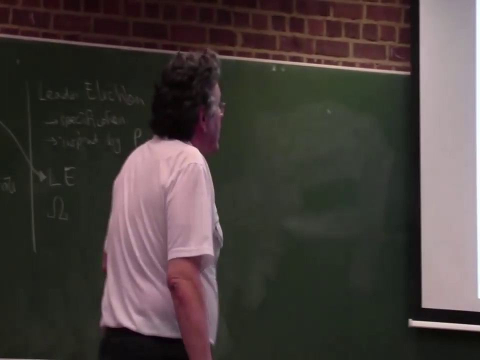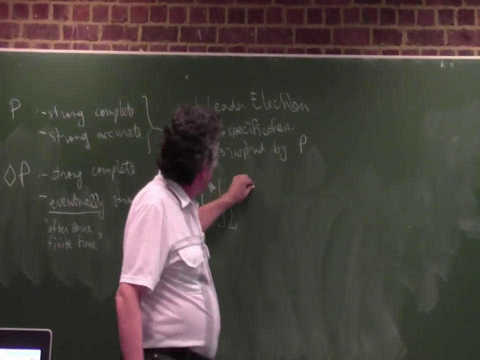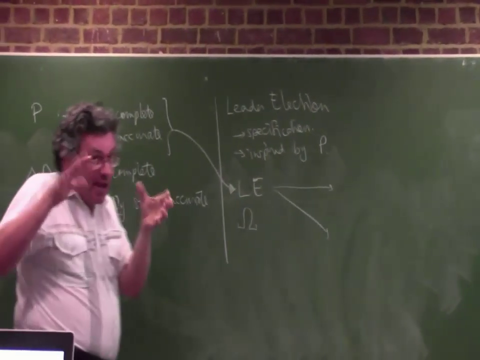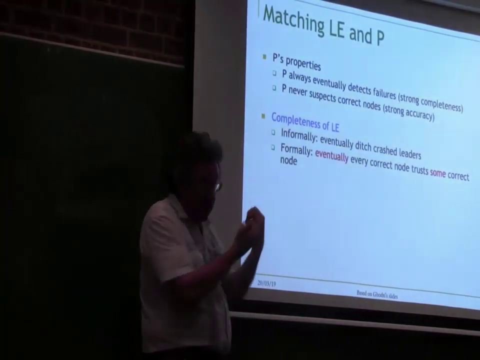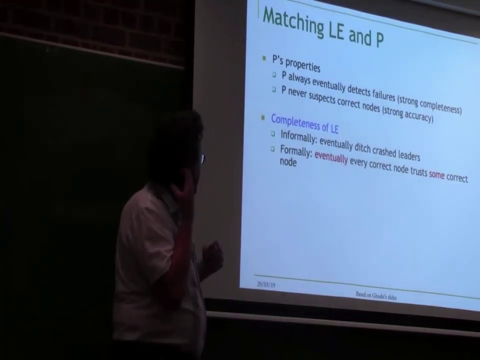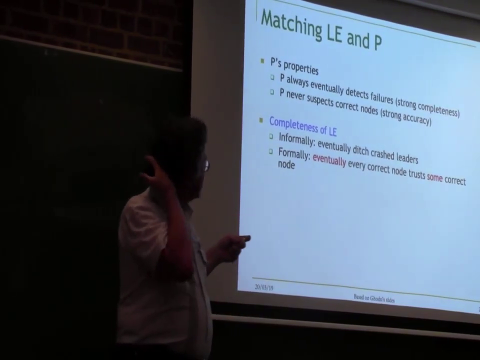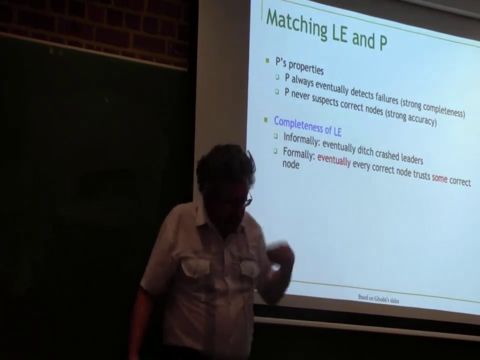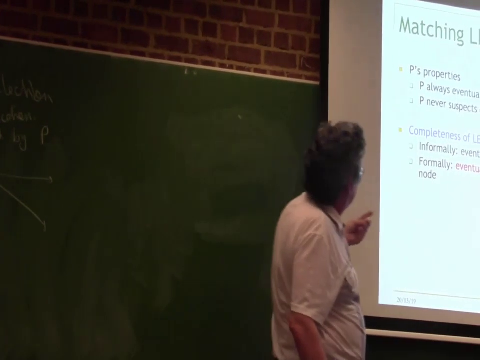So we can also have LE have completeness and accuracy properties. Kind of similar. So we're actually going to take inspiration from P to create LE. So what is the completeness of LE? Well, you always elect a leader, and if the leader has crashed, you get rid of it.